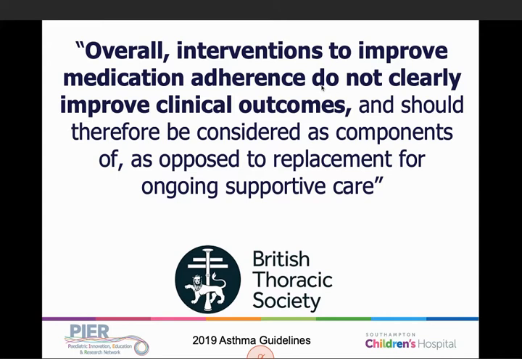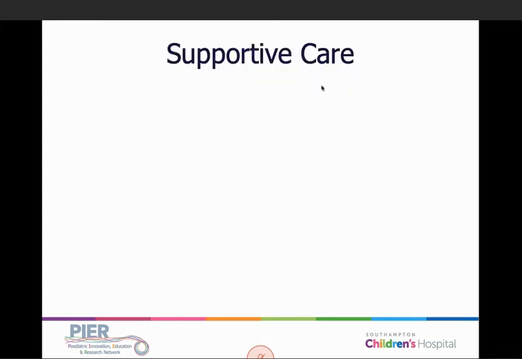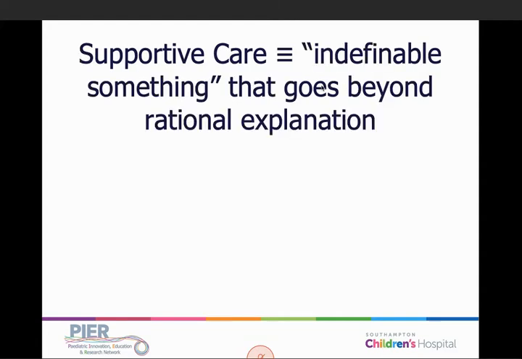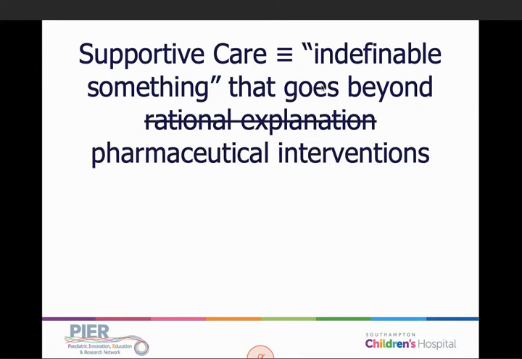So what's this supportive care thing, and what are we talking about? And what is it that we can actually be doing practically in our clinical practice? Well, maybe that supportive care has got something to do with what David Moyes was talking about when he was addressing the problems with the Sunderland football team, who couldn't get their act together psychologically to play well as a team and to stay in the Premier League. That thing that went beyond rational explanation. And maybe in the context of asthma, we should be thinking about it as something that goes beyond the pharmaceutical interventions that we have to try to help patients.